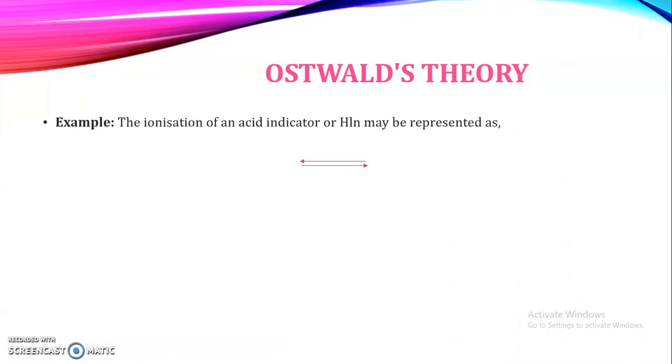Now the ionization of an acid indicator, HIn, may be represented as HIn, which on ionization is converted into H plus ions and In minus ions. HIn is known as the unionized form, while H plus and In minus are known as the ionized form.